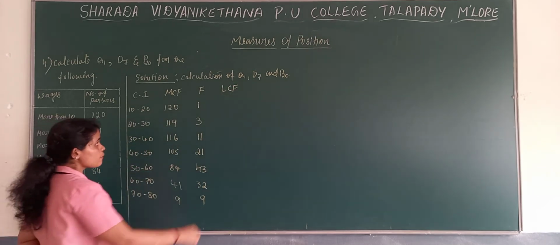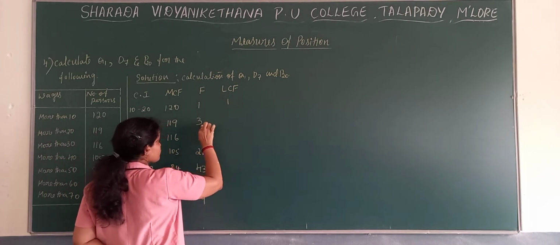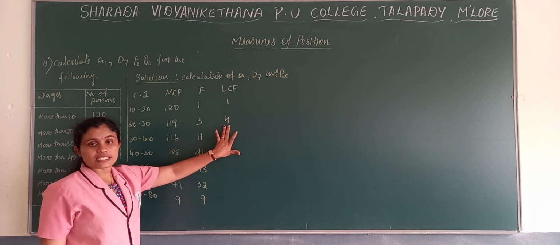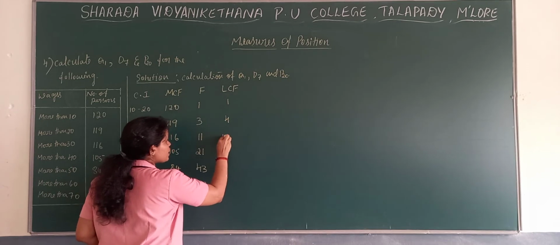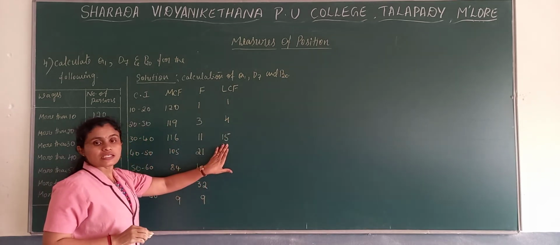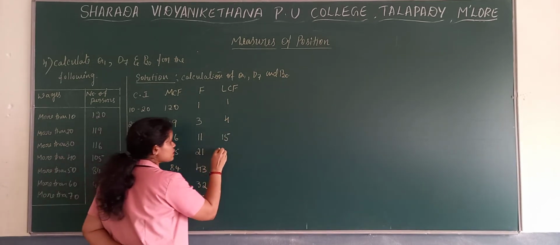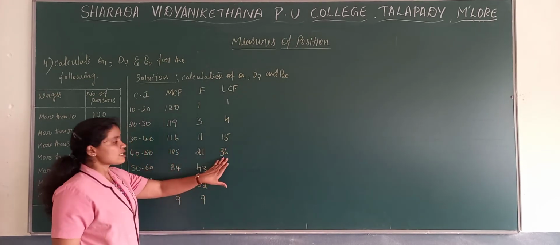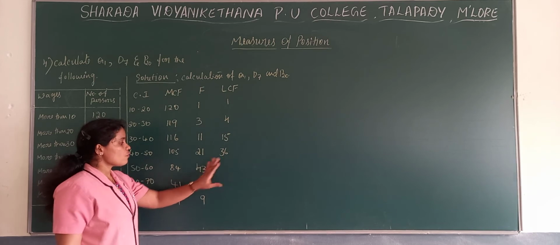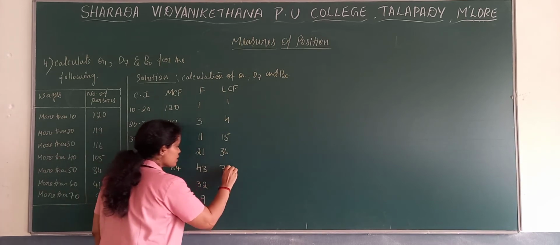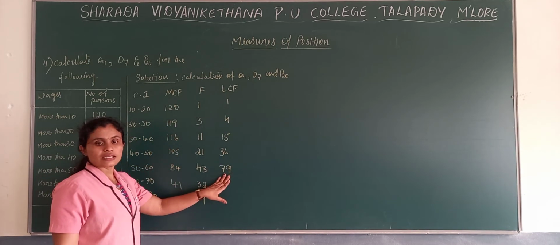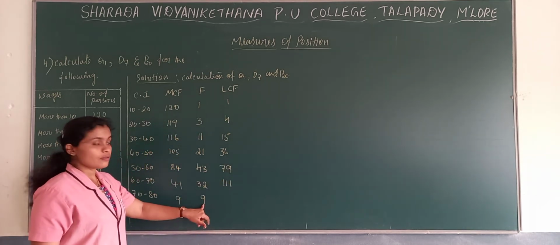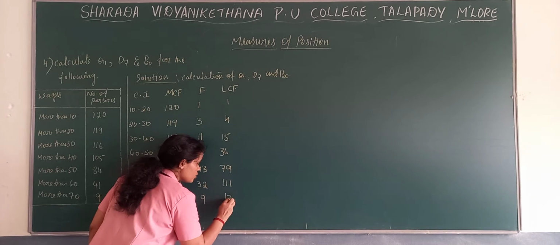Now find out LCF. 1 plus 3, 4. Now 4 plus 11, 15. 15 plus 21, that is 36. 36 plus 43, 79. 79 plus 32, that is 111. 111 plus 9, that is 120.